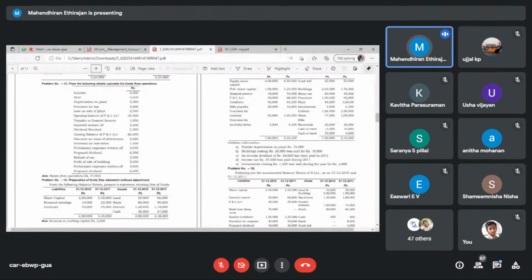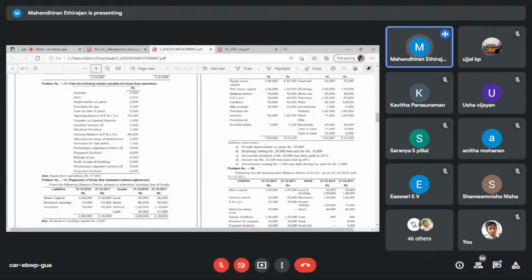Definitely you should follow the preparation of an adjusted P&L account from opening balance to closing balance, and you have to carry forward non-trading items on the debit side and non-trading income on the credit side.